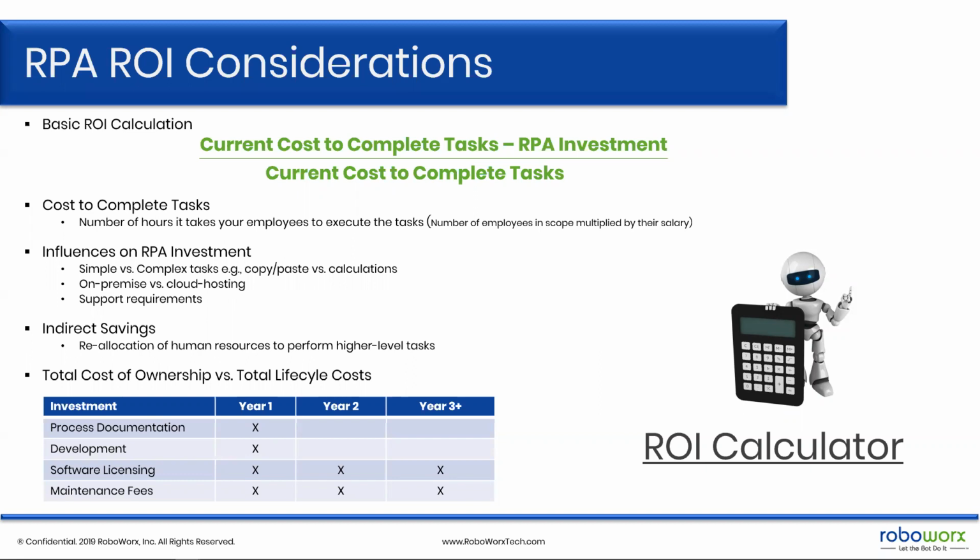And you would evaluate your own costs for doing that with RPA. There's always the option of hosting it on a private cloud or a public cloud. Lots of RPA providers such as RoboWorks will provide that service for you. But obviously there would be a cost associated with that. So that would have an impact on the cost of the bot.